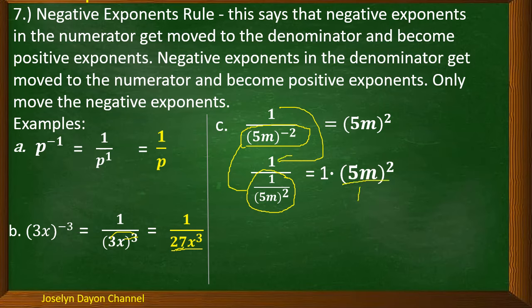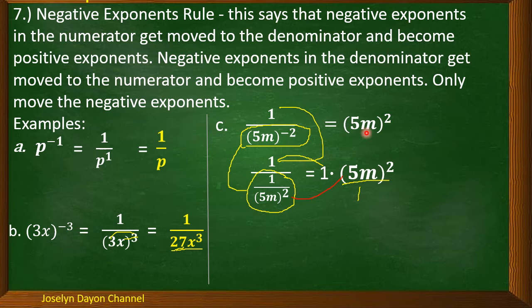Then multiplied by the reciprocal. So the reciprocal of 1 over quantity of 5m squared is quantity of 5m squared. So once you multiply this one, it will give you an answer of quantity of 5m squared.